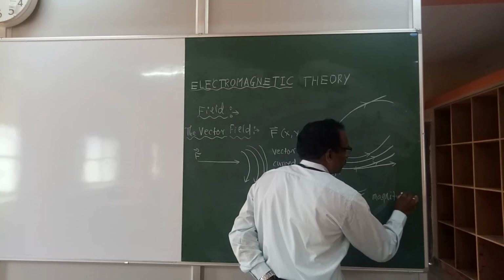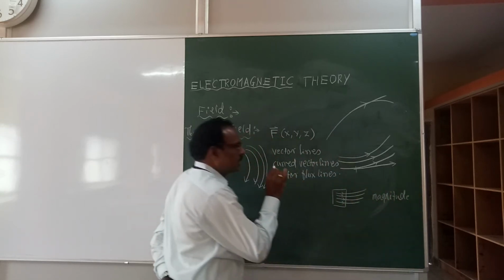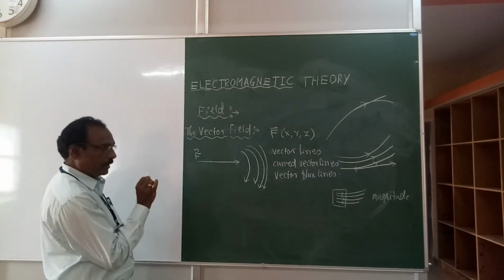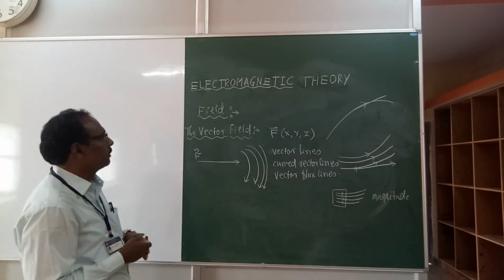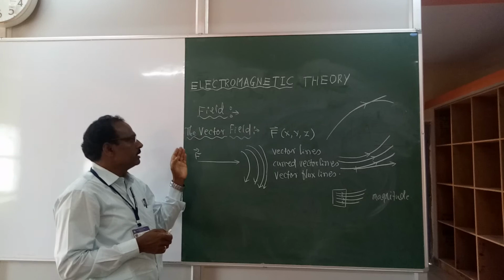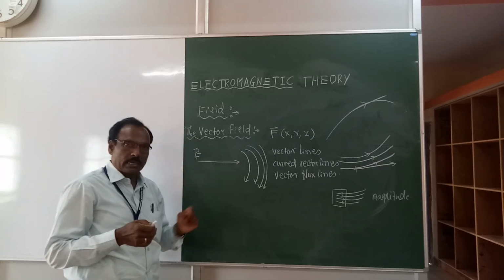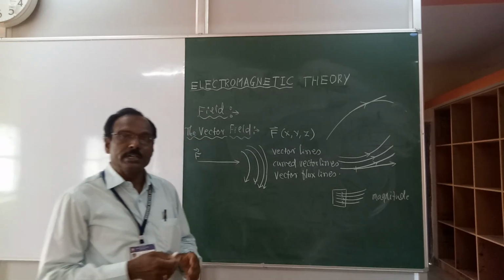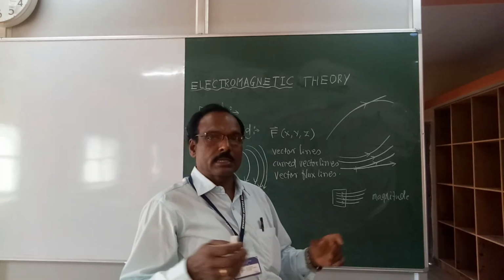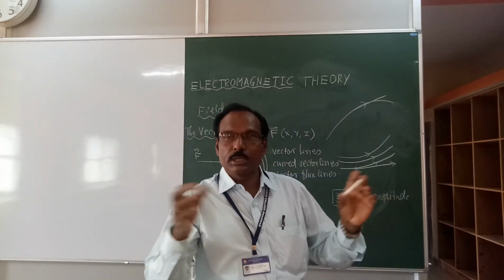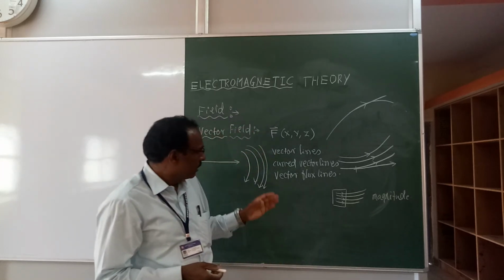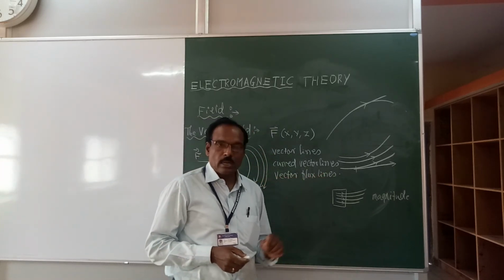Well, this is a simple introduction to the mathematical background: what is called a field, a vector field, a scalar field, how a vector field is represented, and how a scalar field is represented. A vector field is represented by vector flux lines.